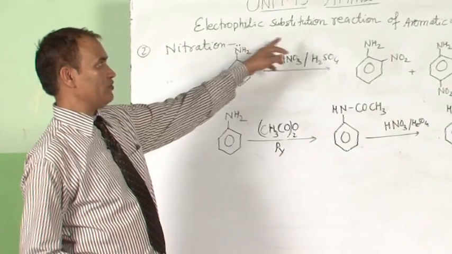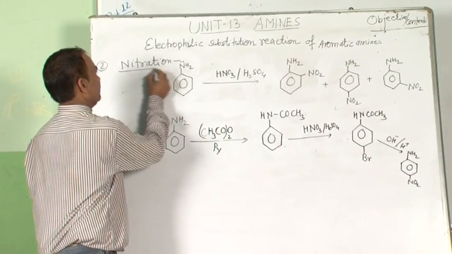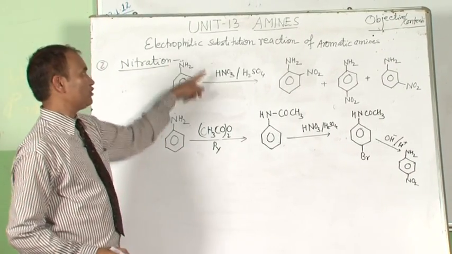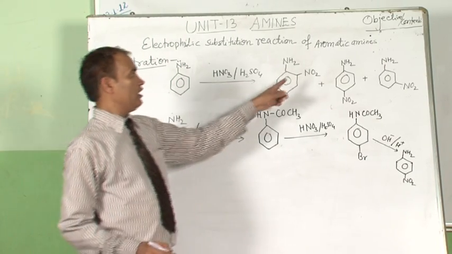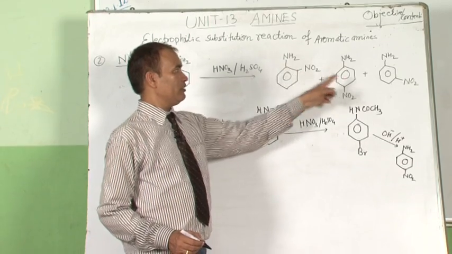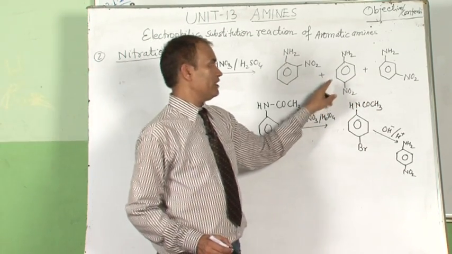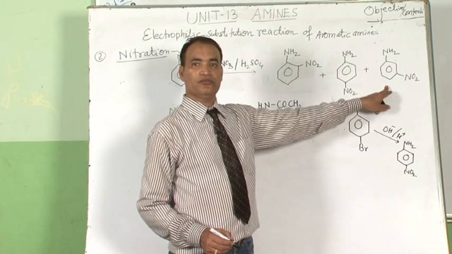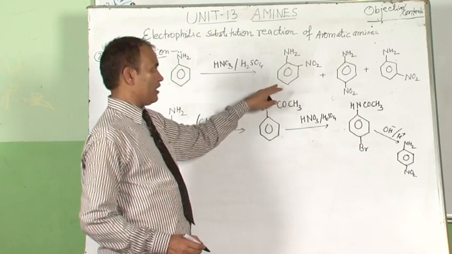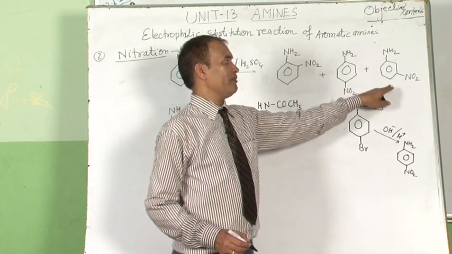Next electrophilic substitution reaction of aniline is nitration. As we know, aniline is ortho-para-directing. On nitration, it gives ortho-nitroaniline, para-nitroaniline, and in addition to these two, we also get meta-nitroaniline.